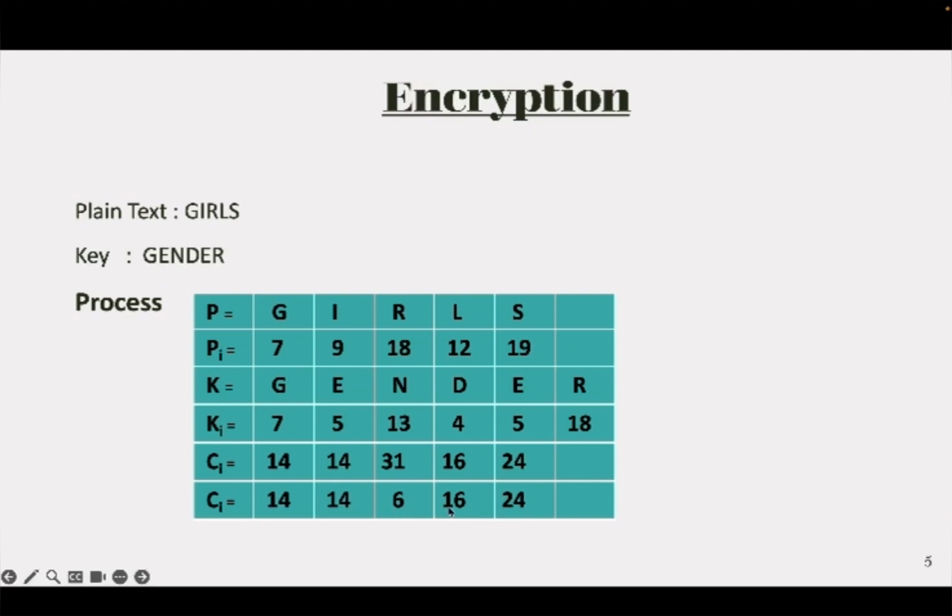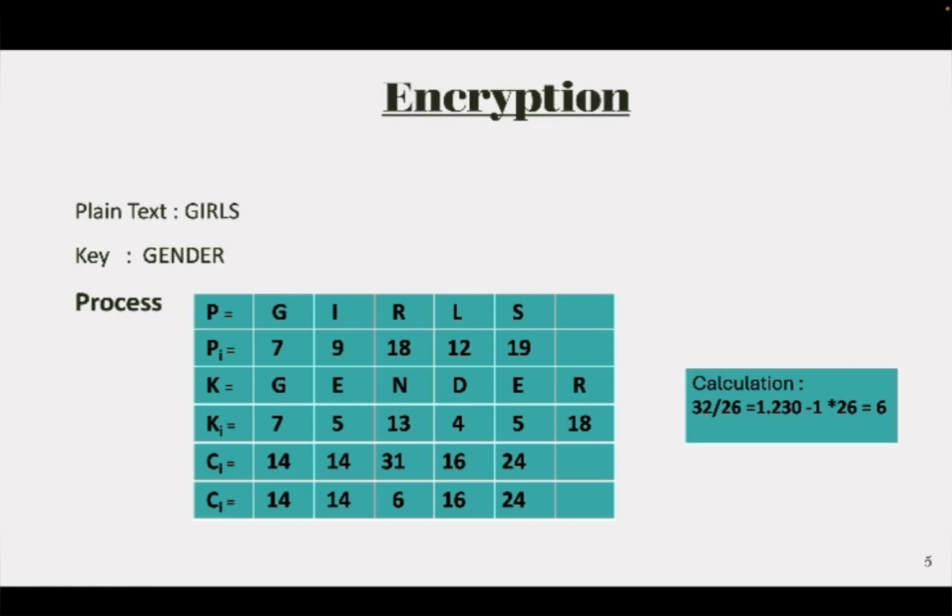So here we have a solution, that is 31 divided by 26, that is our alphabet base number, and then we found 1.230. Then we subtract 1 and multiply by 26 and we found 5.